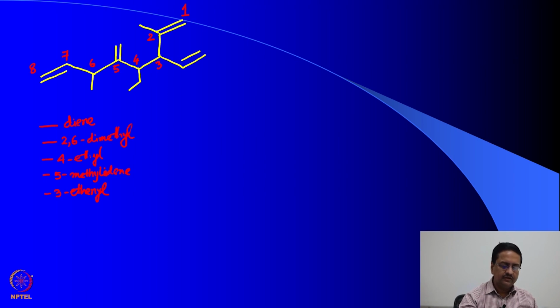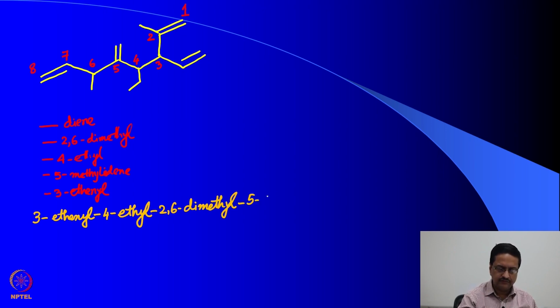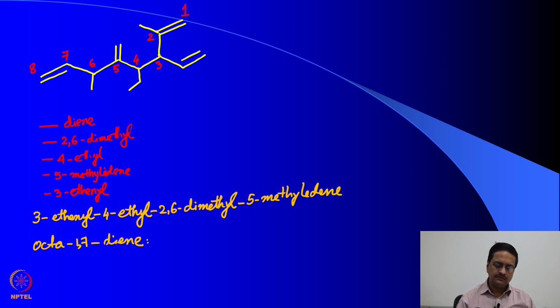So, when we try to write the name, we should write it as I am writing here: 3 ethynyl, 4 ethyl, 2,6 dimethyl, 5 methylidene, 1,7 diene. Hope you are able to follow this nomenclature.